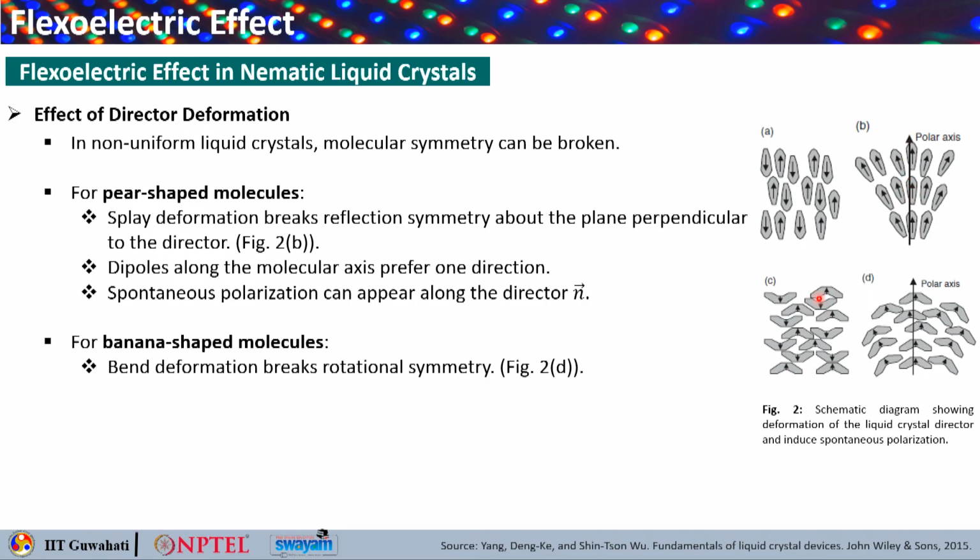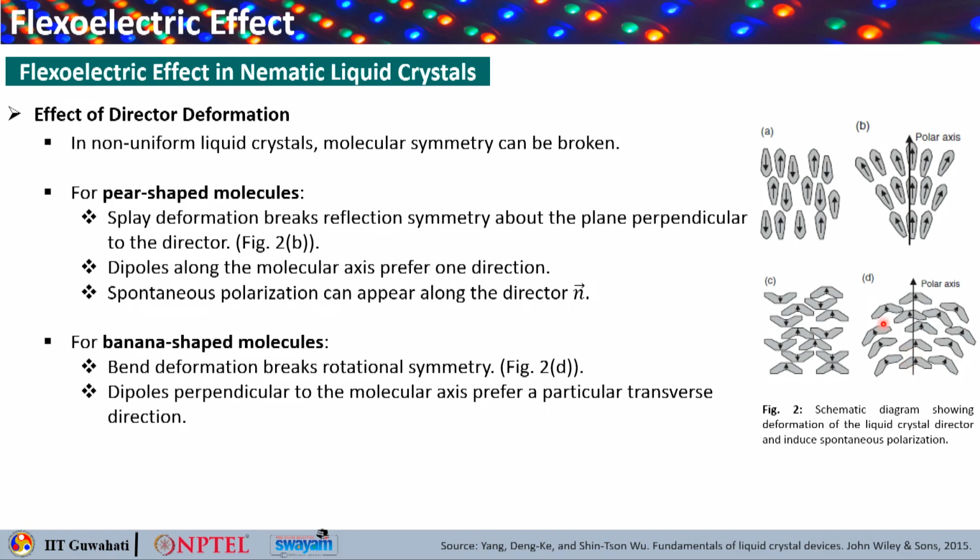For banana shaped molecules like this, earlier we have seen this is the case, but now whenever there is a bend deformation, that bend deformation breaks the rotational symmetry. So here again all the molecular dipoles that are perpendicular to the molecular axis prefer a particular transverse direction.